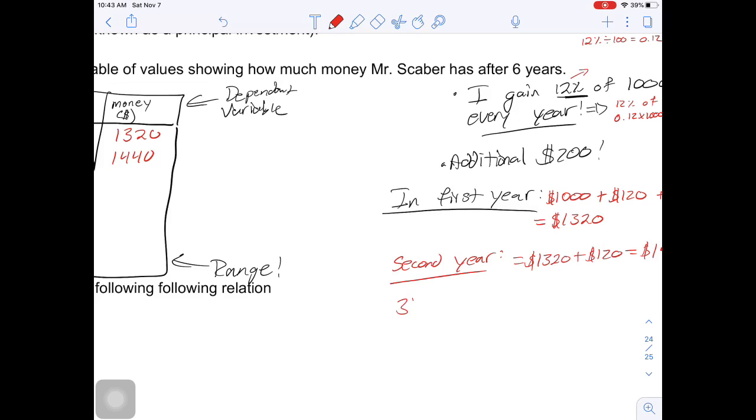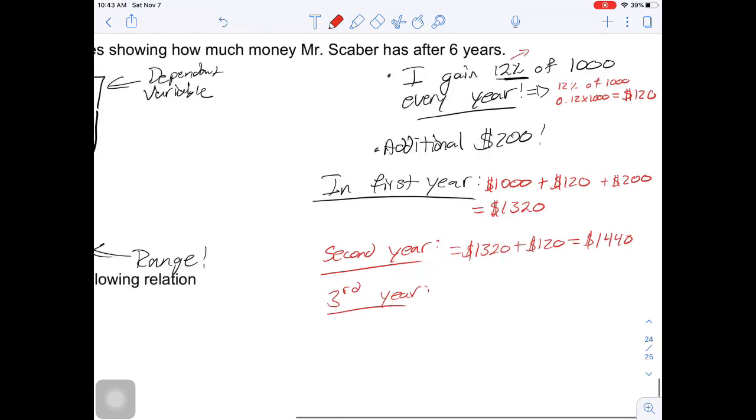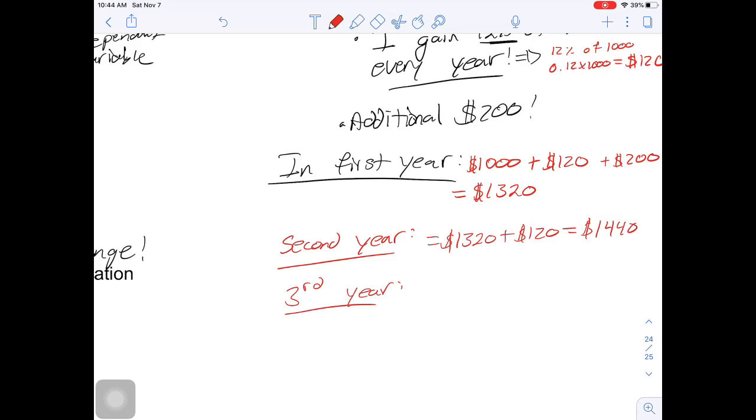Let's talk about the third year. Again, I don't get that additional $200 extra amount. I just get my additional 120 bucks. So I have 1,440, add my 120, and that brings me to $1,560.